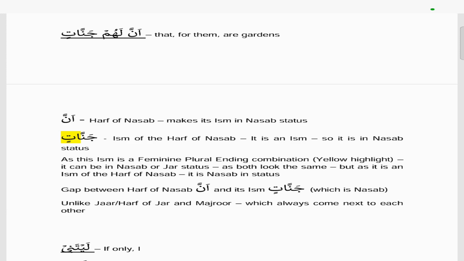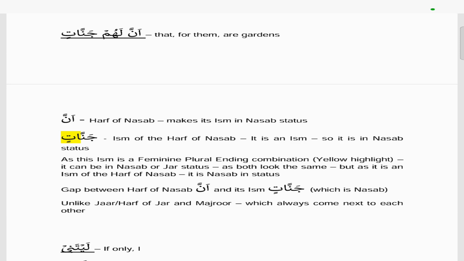Unlike the harf of jar and majroor fragment, which always comes next to each other. In the example anna lahum jannatin, the lahum is actually a harf of jar fragment. The lam means for and hum means they, and that's why they always come together. Whereas the harf of nasab and the ism that it acts upon can be separated by other words.